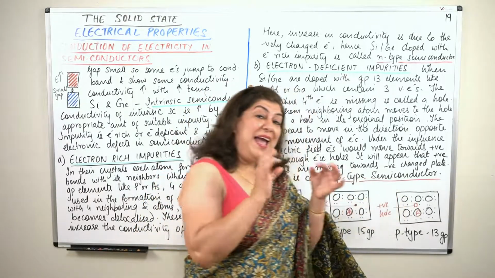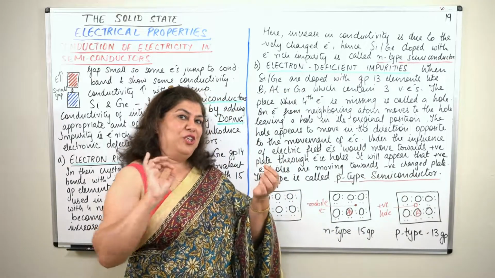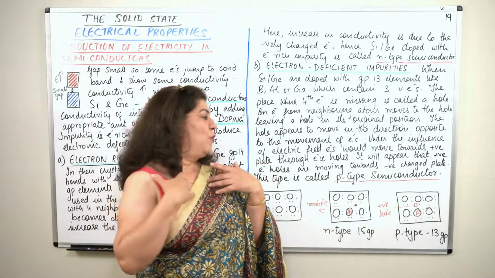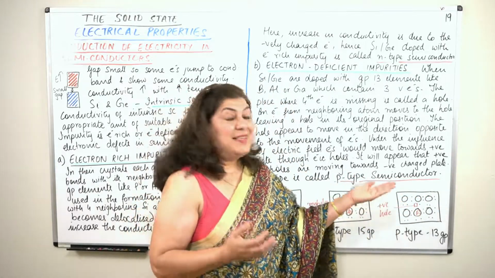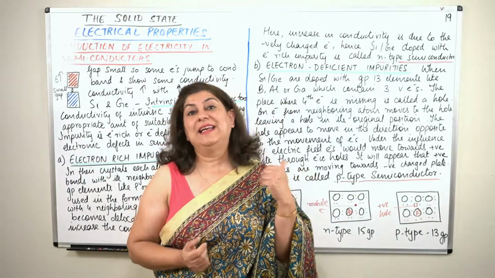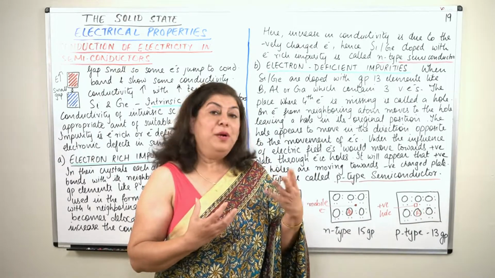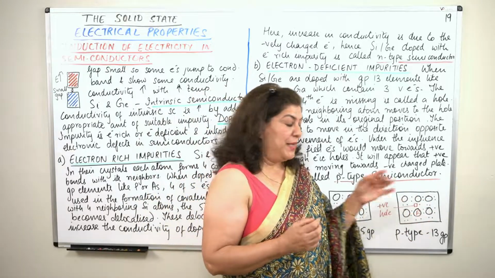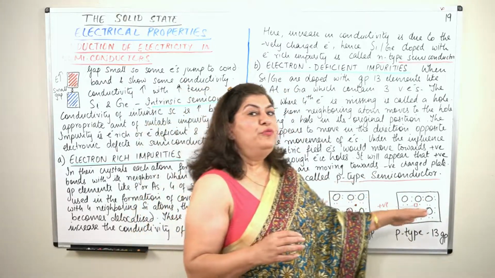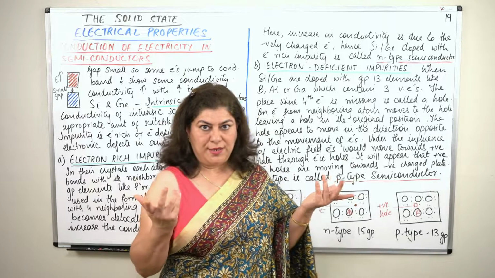So, as a result of that generosity of electrons that they try to go and fill up the space wherever there is deficiency, that itself causes an increase in conduction. But what appears to us is, when you pass electric current through such a semiconductor, the electrons will move towards the positive terminal. We understand that.